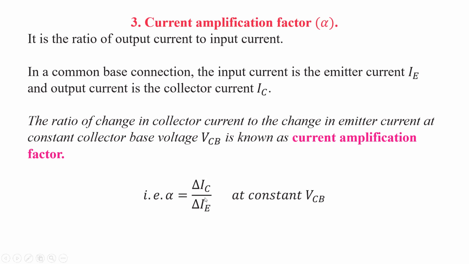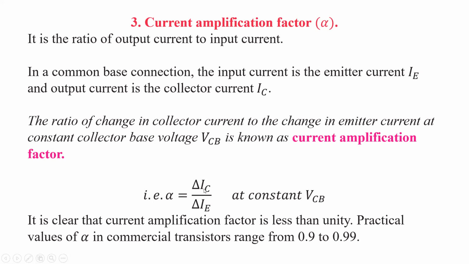You can observe that emitter current is always equal to the sum of collector current and base current. Because of that, the emitter current is always greater than the collector current. So the numerator is smaller compared to the denominator. IE is always greater than IC.